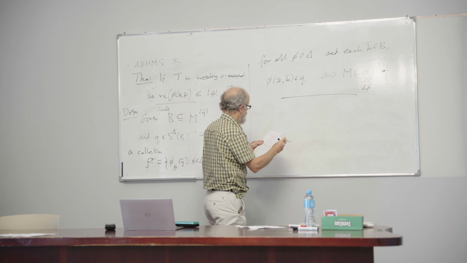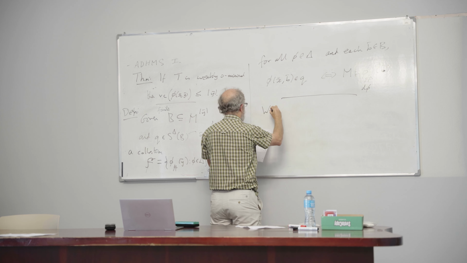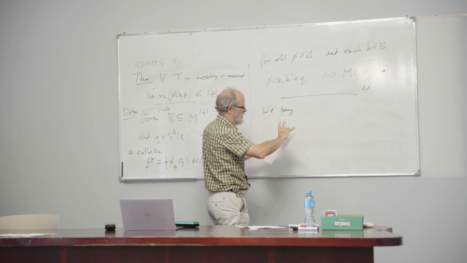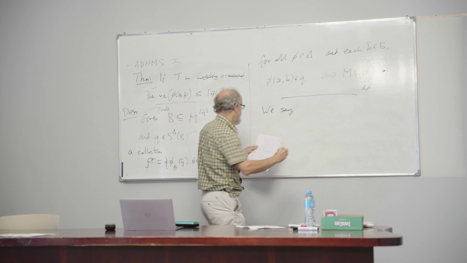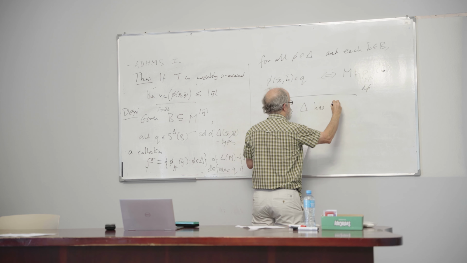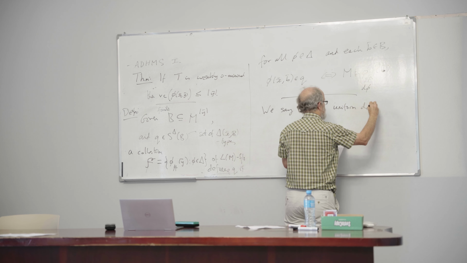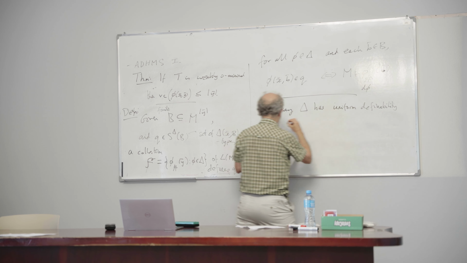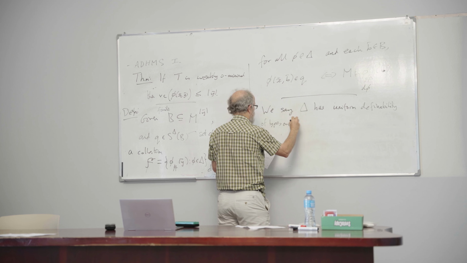So then we say, this definition is a bit of a mouthful, unfortunately. We say delta has uniform definability of types over finite sets.